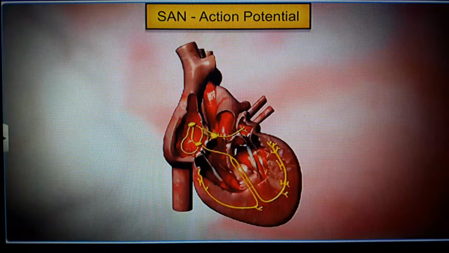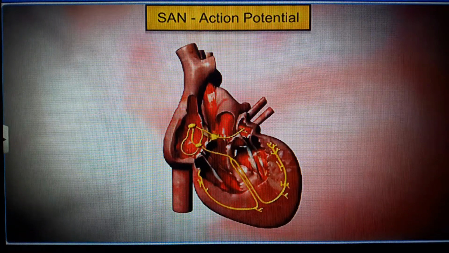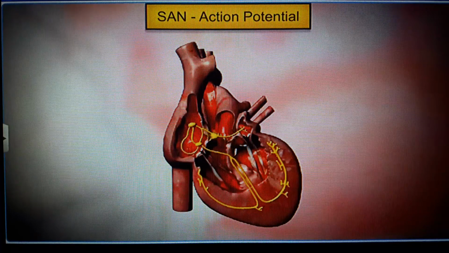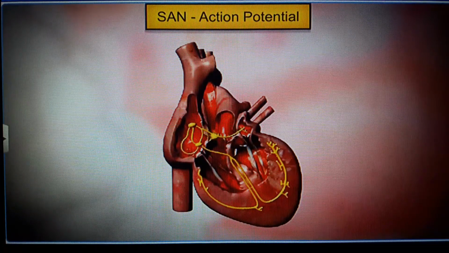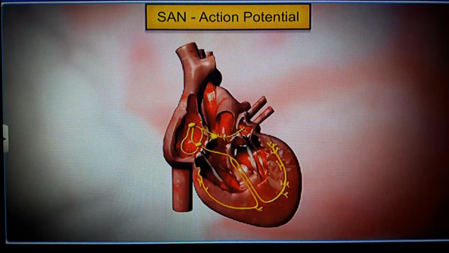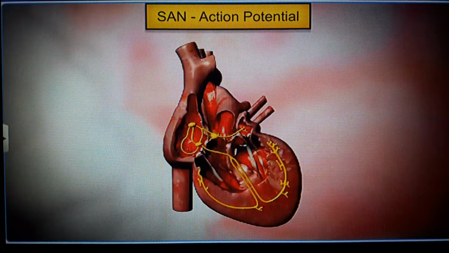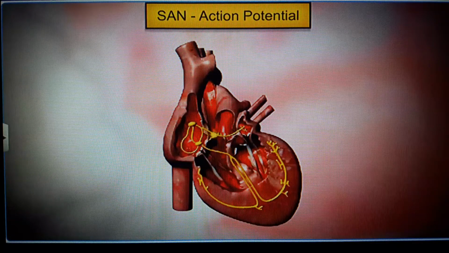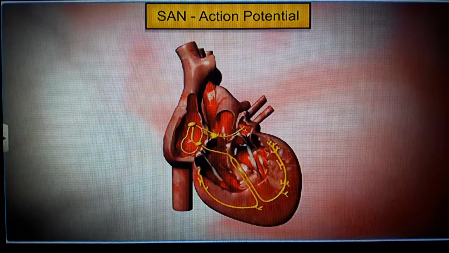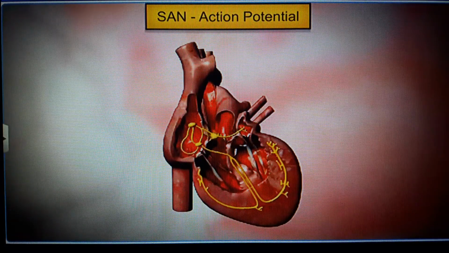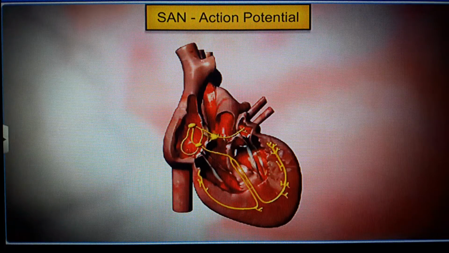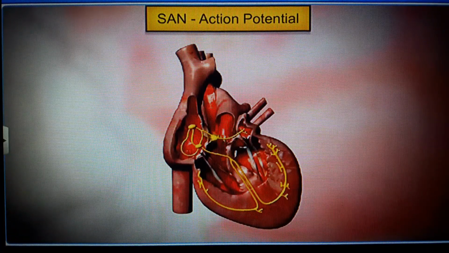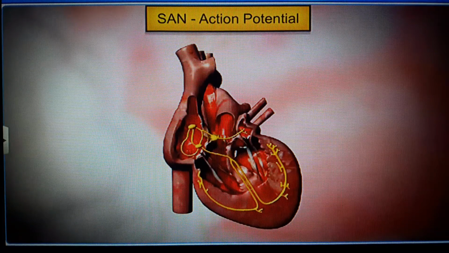Now the question is, how does this action potential conduct the heartbeat? When a stimulus in the form of waves, electrical excitation or impulses, originates at the SA node, it spreads to both atria and they respond by contracting almost simultaneously. The right atrium contracts a fraction of a second earlier.